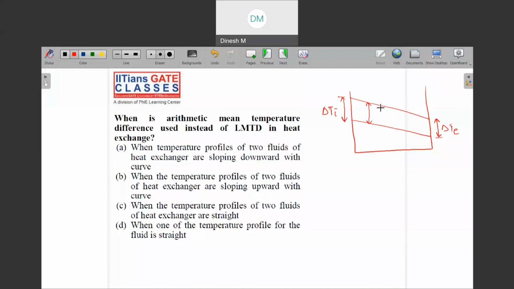What I can see is that this is straight, right? So where is this option? It says straight lines, so can we see that the temperature profiles of the two fluids of the heat exchanger are straight?